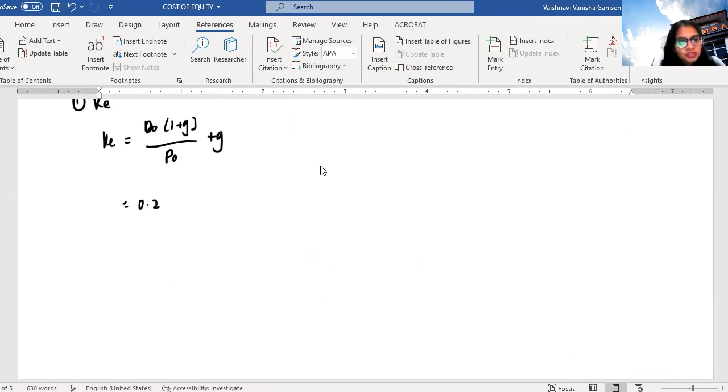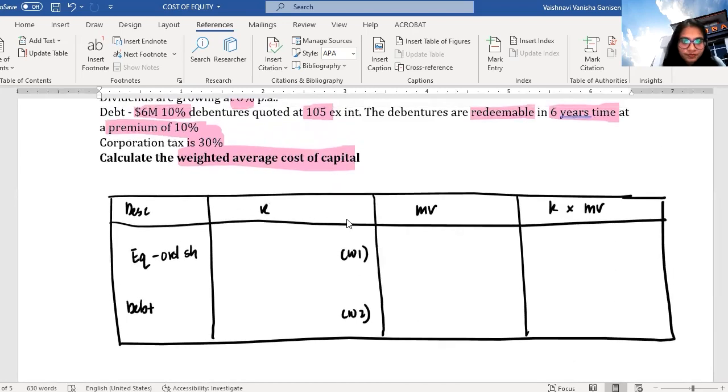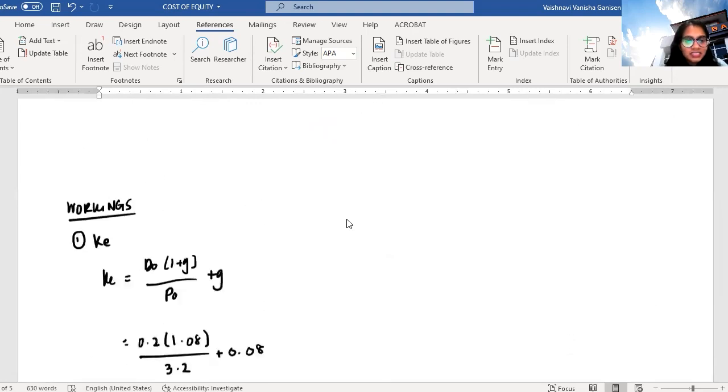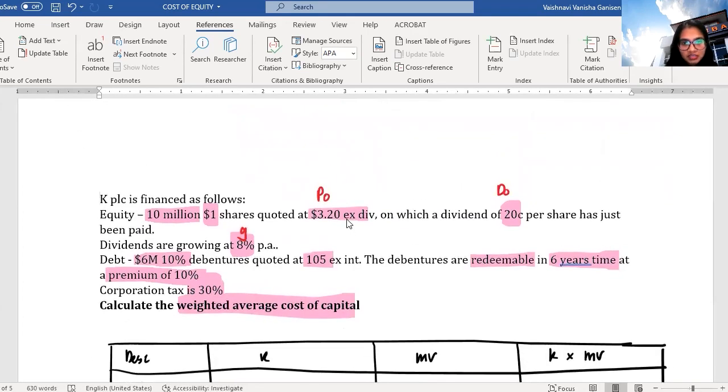So 0.2 multiplied by 1.08 over 3.2, plus 0.08. So my KE is 14.75%. So scroll up, 14.75%.